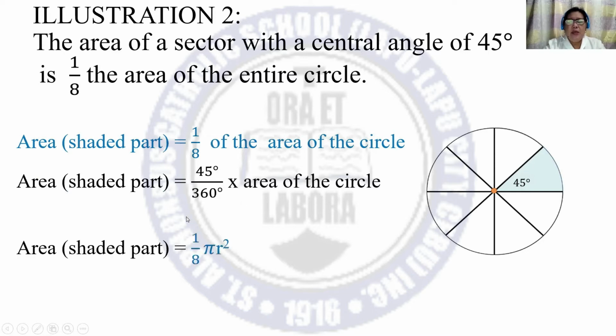And this is equivalent to 1/8. If you reduce 45 and 360, it is 1/8 times the formula for the area of the circle. So the area of the shaded part is simply equivalent to 1/8 pi r squared.